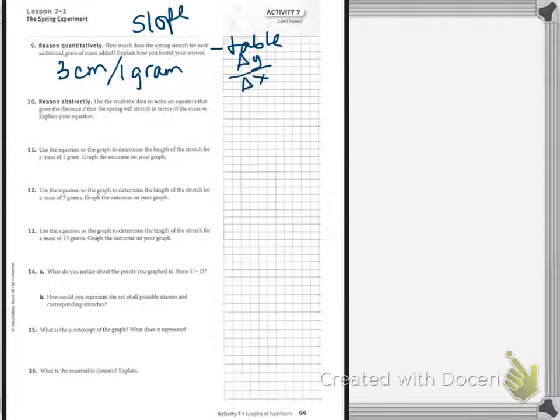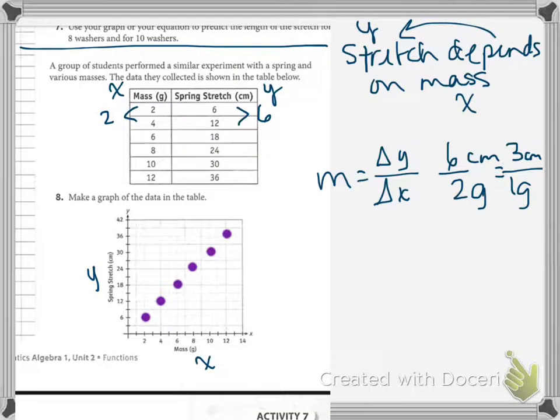Can we write an equation for this? They want us to use m and d. Well, if it's 3 centimeters for every 1 gram, does that mean that we are going to write d equals 3m, or am I writing m equals 3d? And this is where we sometimes get a little bit in trouble. So I want you to go back to your table, and we have this 3.